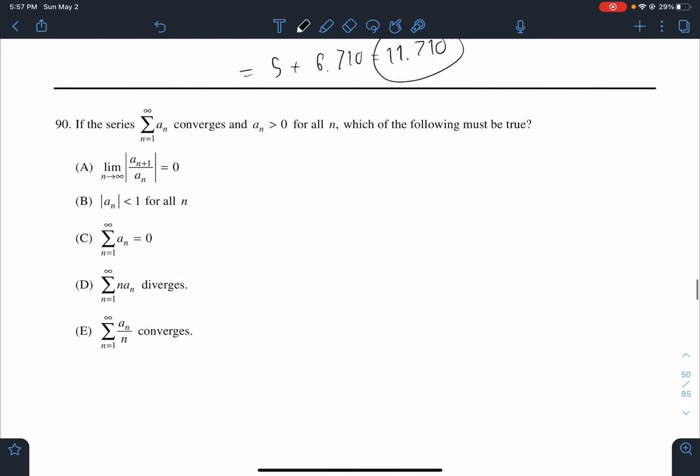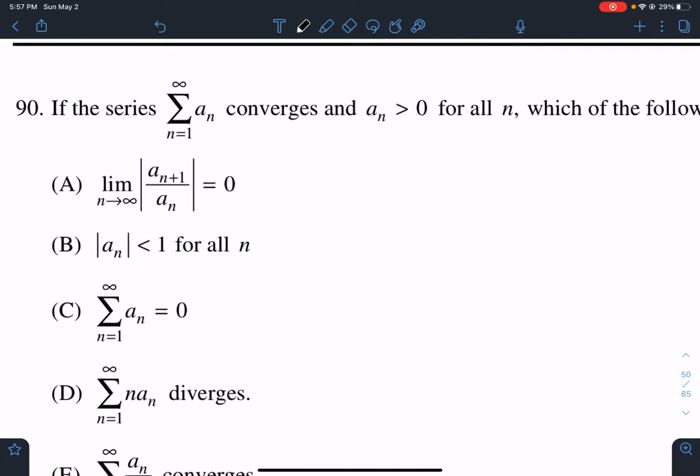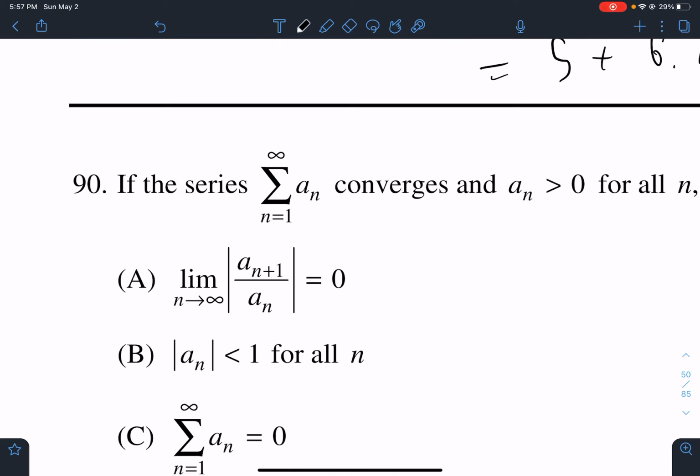Cool. So for number 90, we have a series that converges, and a of n is greater than 0. So we know it's not an alternating series, because otherwise a of n would be greater than 0 and less than 0 and greater, then less. So for A, this is what the ratio test is, but the key thing here is that it equals 0.